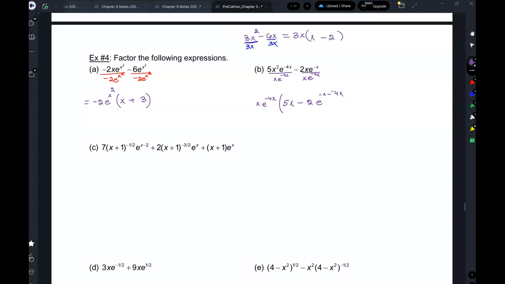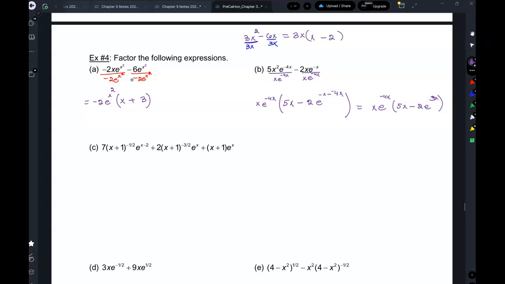Do you remember when we divide powers, we subtract the exponents? So I get x e to the negative 4x, 5x minus 2e to the negative 5x. Oh no, 3x. Okay?